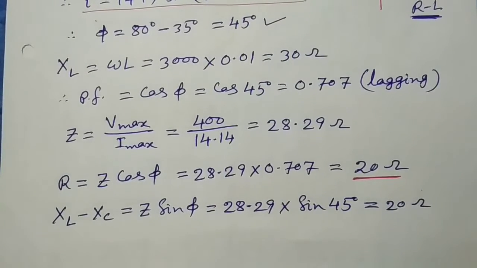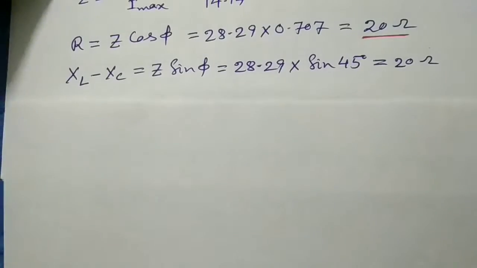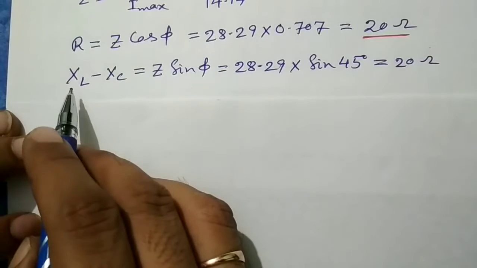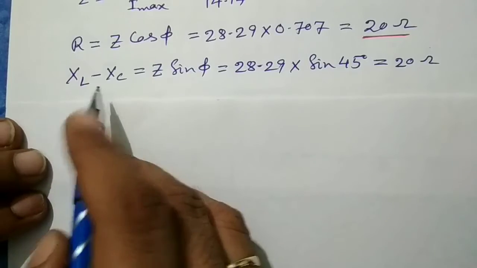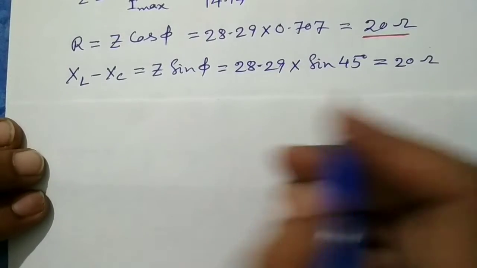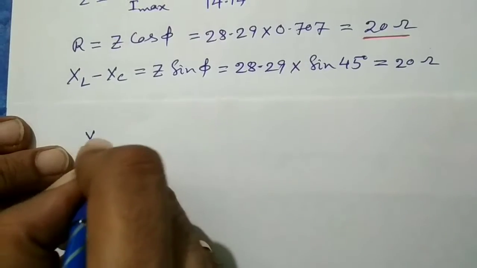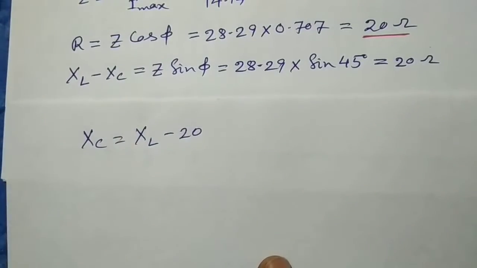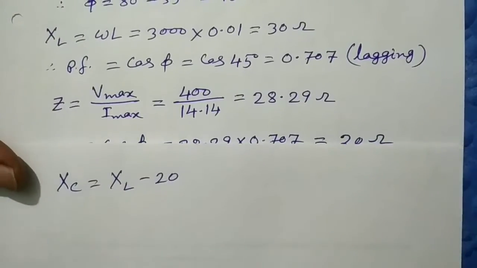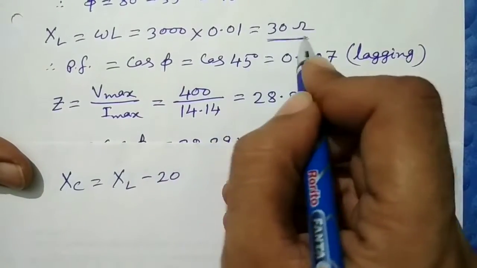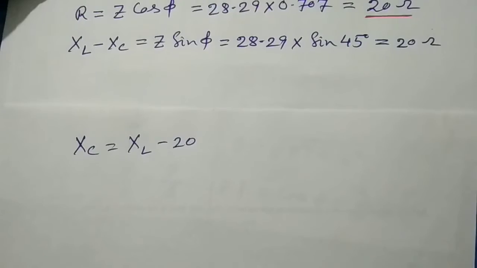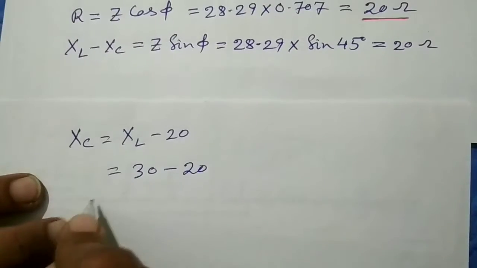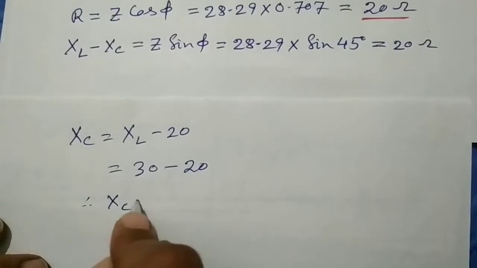As the circuit is resistive inductive type, the value of XL is greater than XC. So XL minus XC is 20, and XC is equal to XL minus 20. We already calculated XL as 30 ohms, so XC is 30 minus 20, which is 10 ohms.